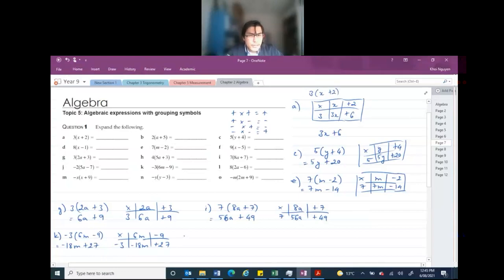Okay. Next we have M. So M, we have negative x, x plus 9. Okay, so negative x goes out here, x plus 9.